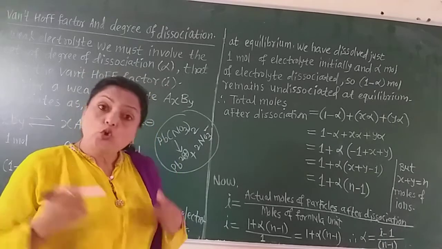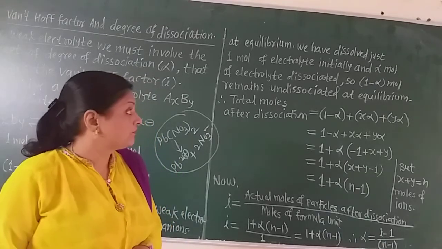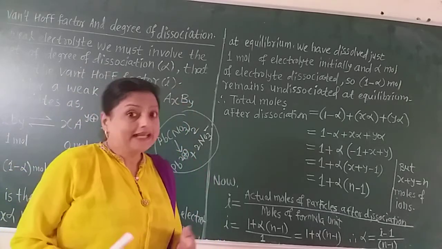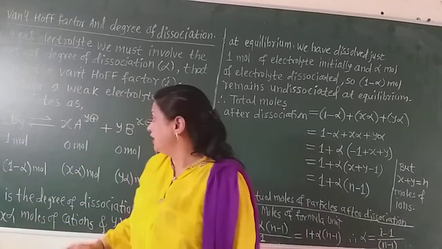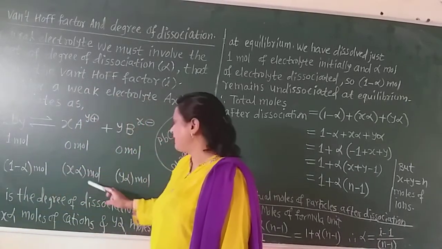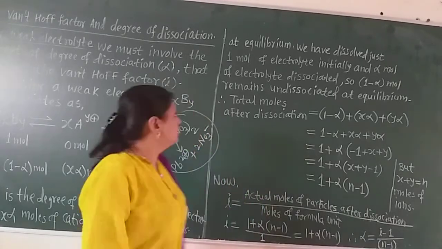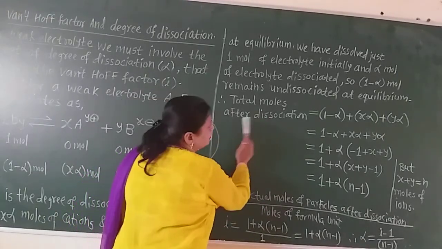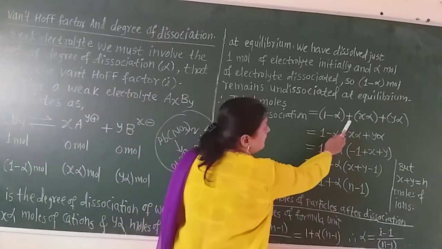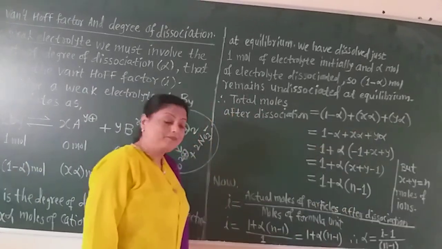And how can we calculate the total number of moles at equilibrium? The total number of moles after dissociation at equilibrium is 1 minus alpha plus X alpha plus Y alpha.